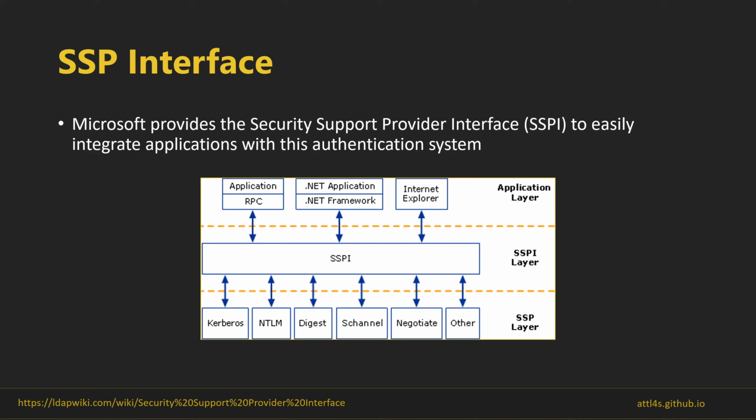So we mentioned that APIs are useful when you connect to a remote service if your application supports or integrates Windows authentication. What that essentially means is that Microsoft provides something called the Security Support Provider Interface, the SSPI. With this interface, you can integrate your application into the Windows authentication system in an easy way.